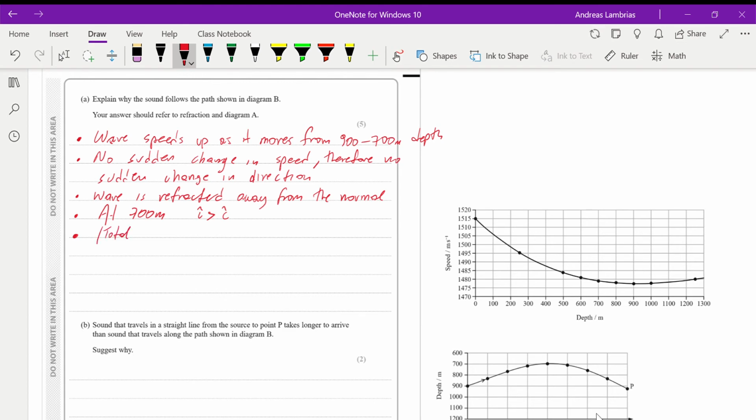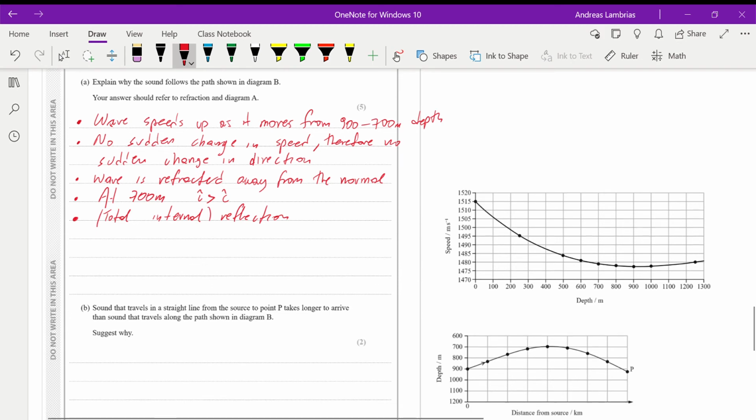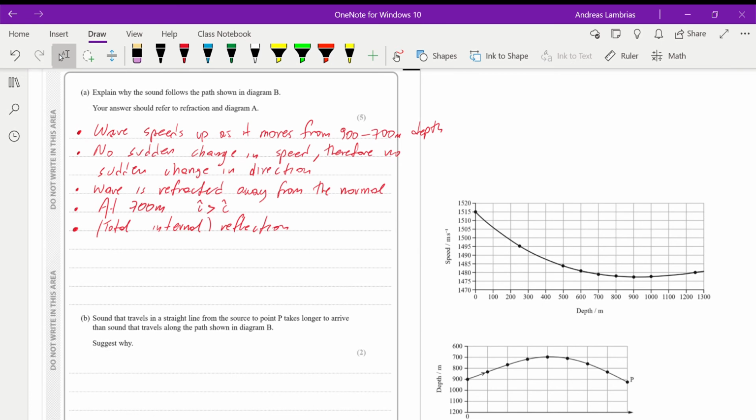We don't know if it's total actually, but most of the sound is reflected, so it's reflection that we have, it can be total internal reflection. These will be the 5 points for this question.